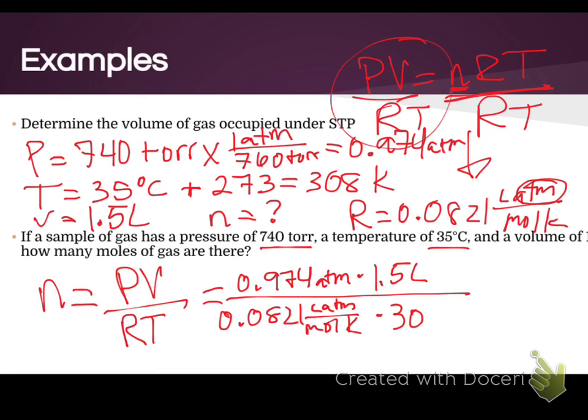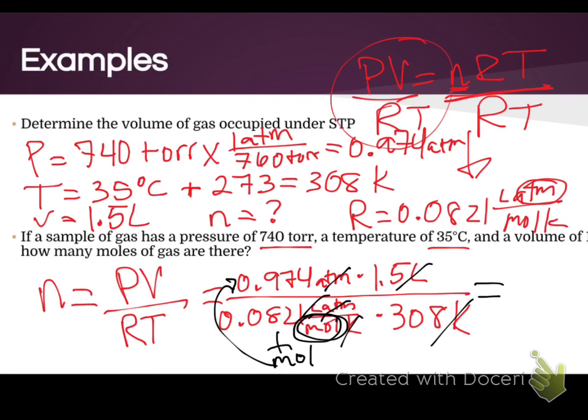Whoa. Not 30K, 308K. Obviously that's different. So atmospheres cancels because I have one on the top and one on the bottom. Same thing for liters. And I have K on top of the denominator, and I have mole times K on the bottom there. So when I have a fraction on the bottom, that means it becomes the top. So my unit here will be moles.